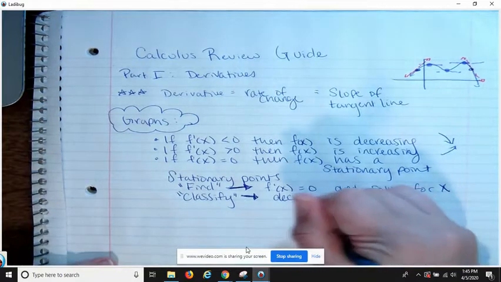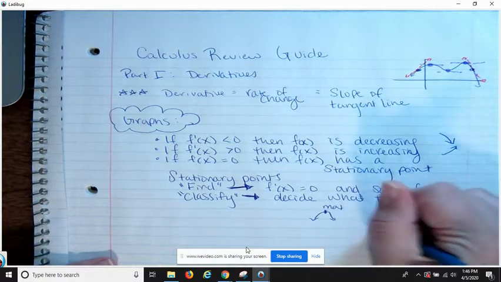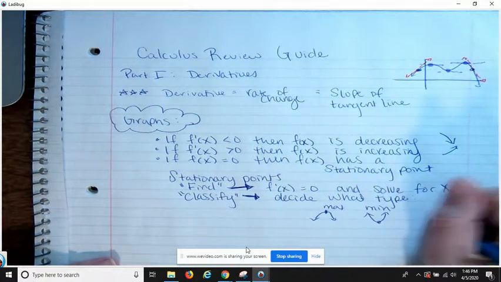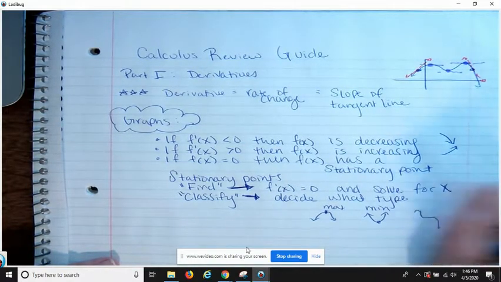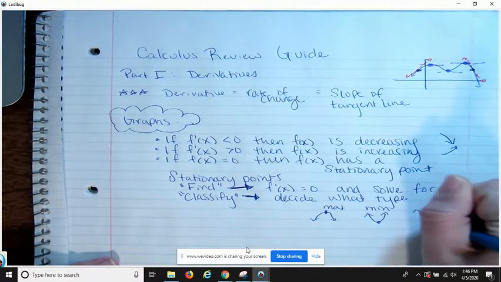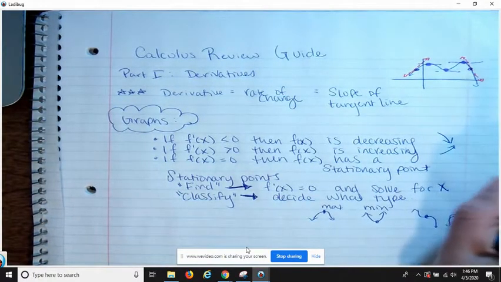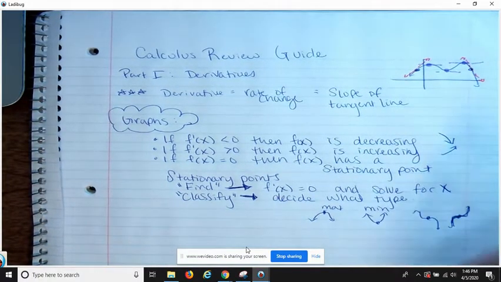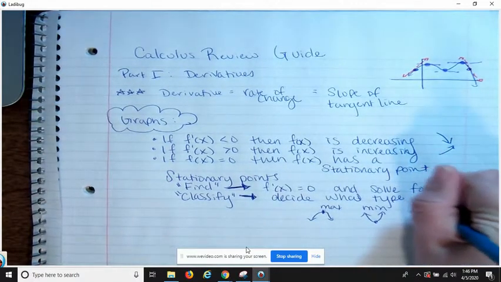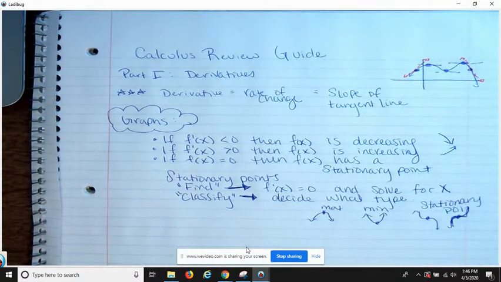We could have a max, a min, or a stationary point of inflection, and those have to look one of these 2 ways. They're the same except one is like decreasing and one is increasing. And remember, this is a stationary point of inflection. POI stands for point of inflection.